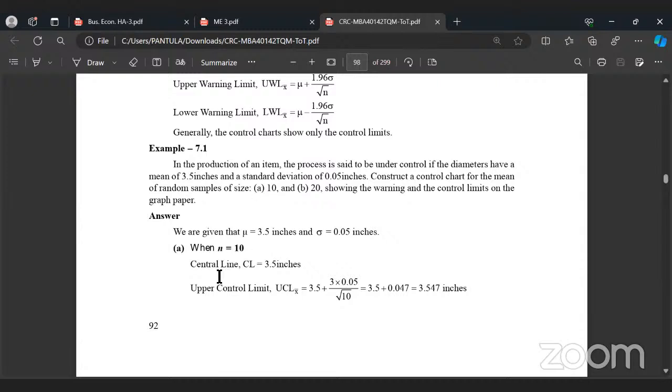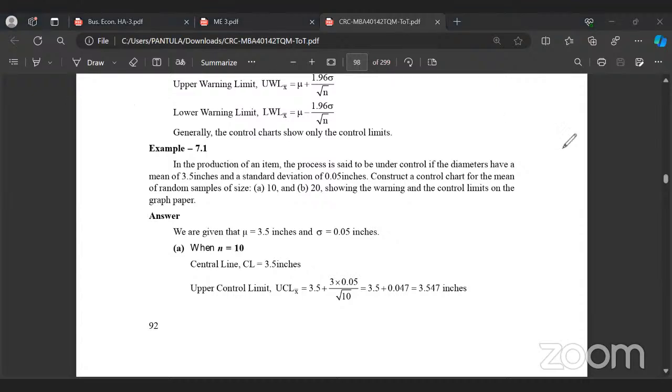Then the center line, that is CL, is 3.5 inches. The upper control limit is 3.5 plus 3 into the standard deviation. What is the standard deviation here?